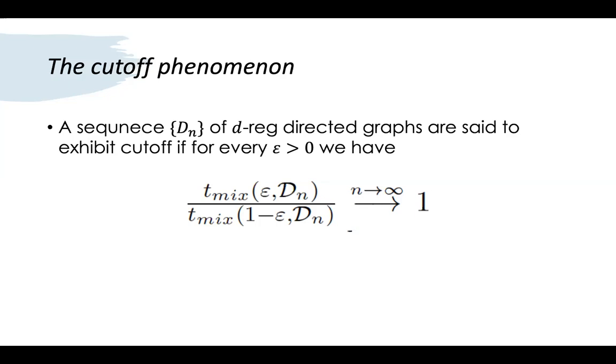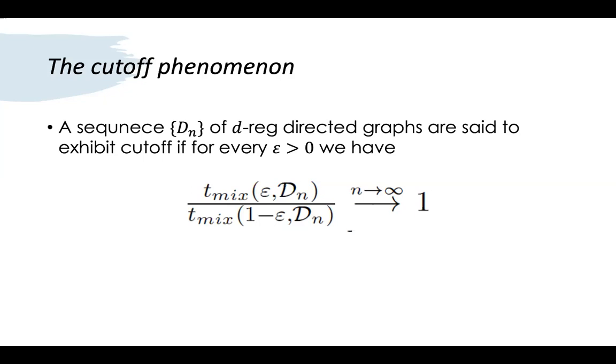But what does cutoff mean? It means that if the deck gets larger and larger, if you believe that shuffling cards has the cutoff phenomenon, and it has the cutoff phenomenon, if the deck size tends to infinity, it doesn't matter whether you want to be 0.9 away from the stationary distribution, which is all the permutations on the cards, or 0.1 away from the stationary distribution.